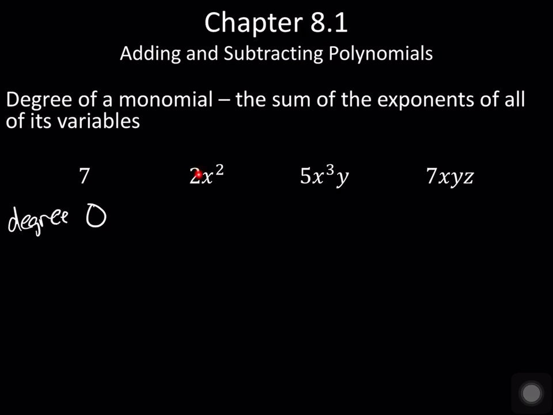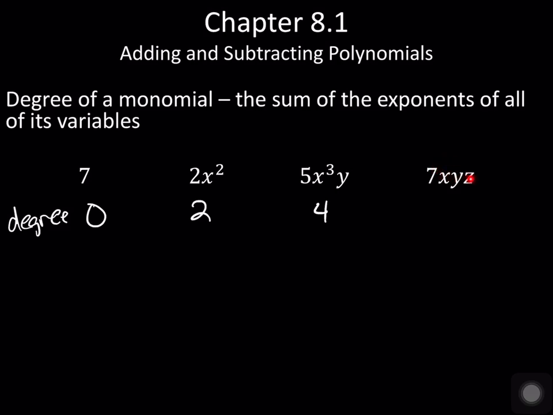Okay, well, what about this monomial? Product of 2 and x squared. The sum of the exponents, well, there's only one exponent, it's 2. And so that's its degree. 2x squared has a degree of 2. 5x cubed y, the sum of the exponents of the variables. 3 plus 1, this one has a degree of 4.